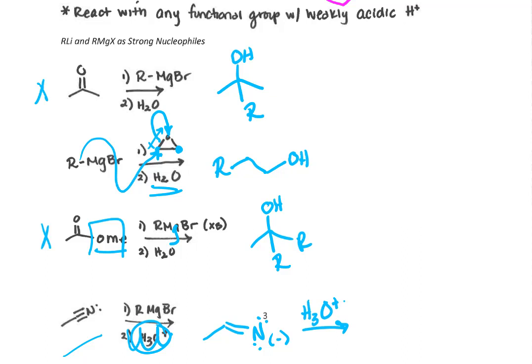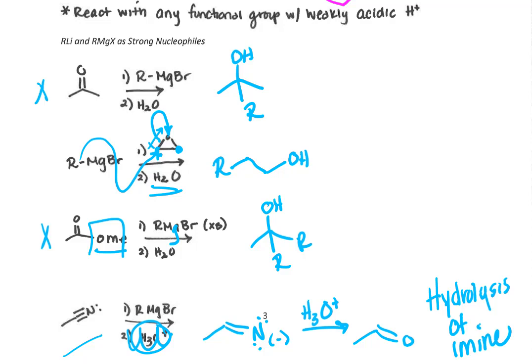So it goes through a series of steps where you protonate it, and it goes through a hydrolysis reaction, and then you get an oxygen there. So I think we saw this in our imine and enamine chapter, but if you want to look it up, just look up hydrolysis of imine.